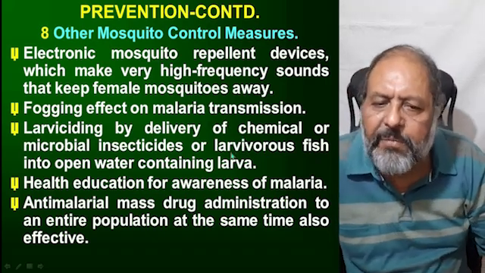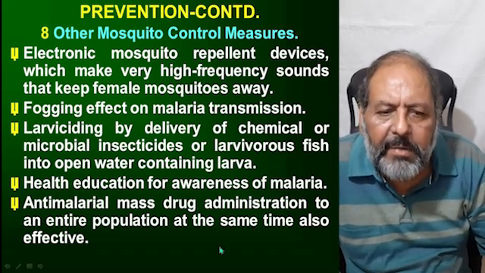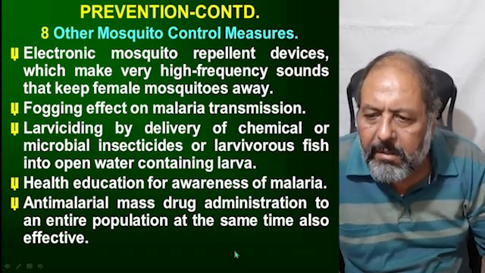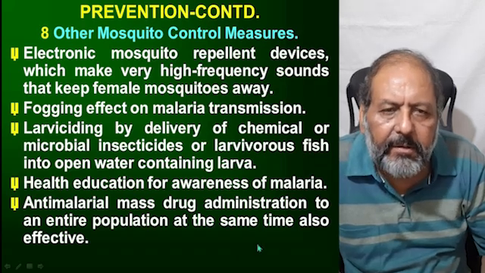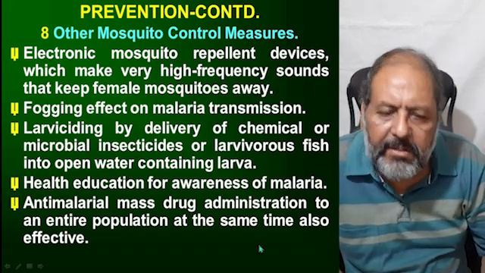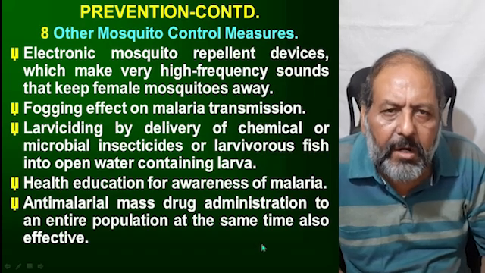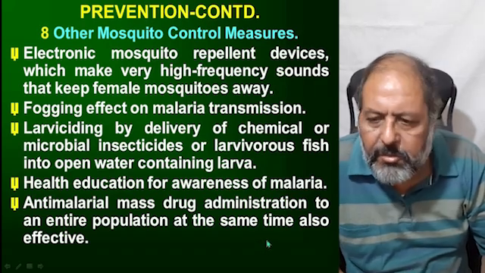Then, fogging effect on the malaria transmission, larviciding by the delivery of the chemical or microbial insecticides or larvivorous fish into the open water containing larva, which is capable of eating the larva of this mosquito.